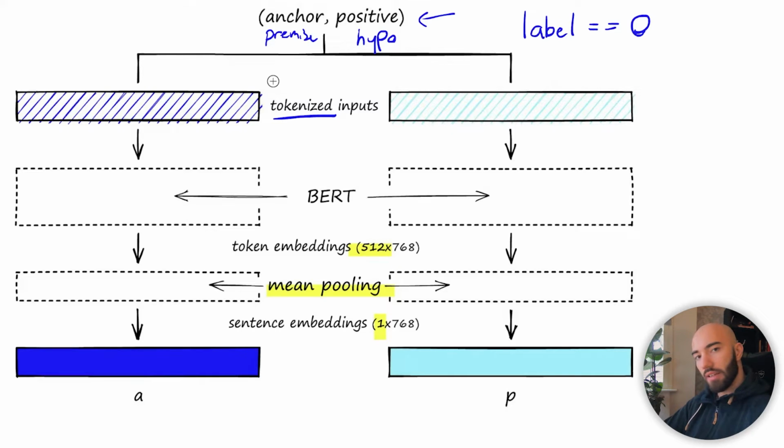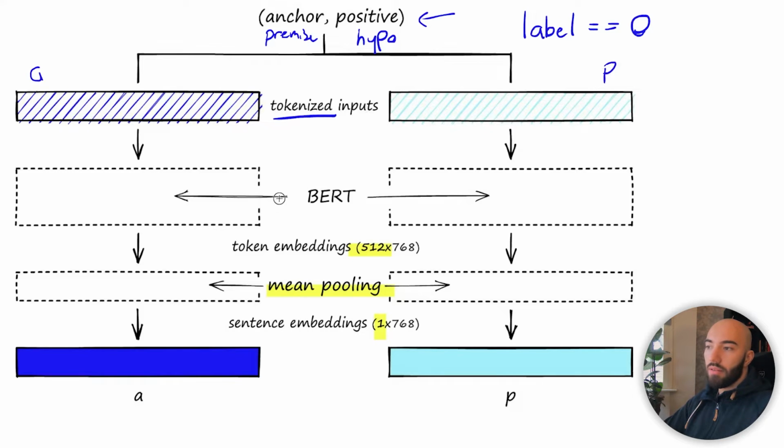If we're using the sentence transformers library, it's a lot easier and we don't actually need to do that. It will deal with that for us, which is quite nice. And what that produces is just a tokenized version of the anchor and the positive. So over here I'm going to put A for anchor and over here P for positive.